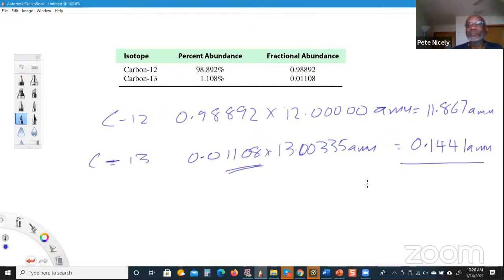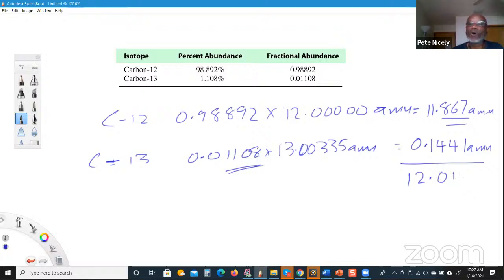And then what I need to do next is add these two numbers. Now, when I'm adding these two numbers, I have to round off to the lowest number of decimal places, which means that I have to round off to 3 decimal places. So I'm going to add 11.867 plus 0.1441. And according to my calculations, this works out to be equal to 12.0, okay, 3 decimal places.